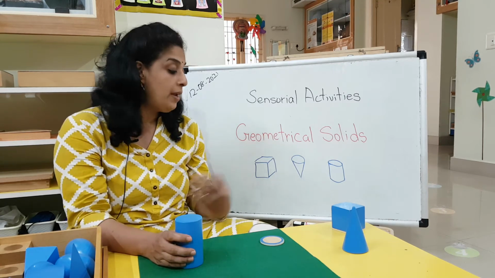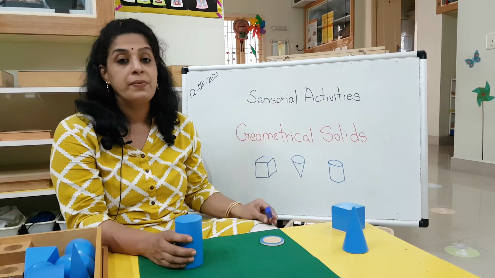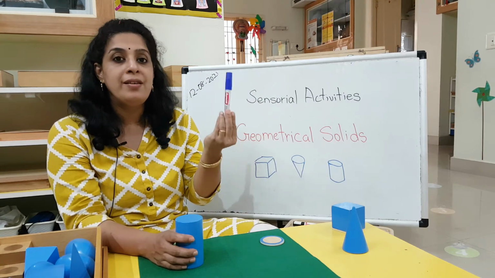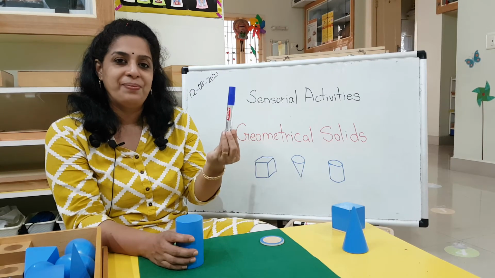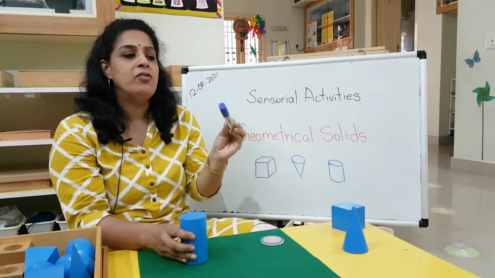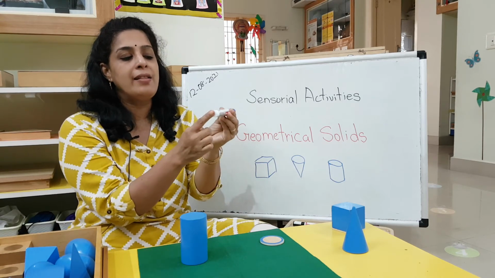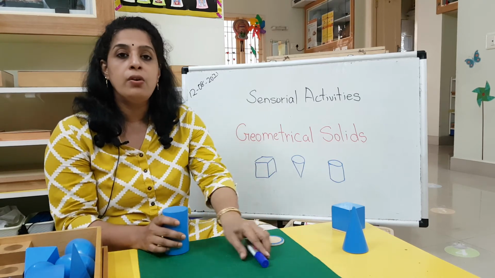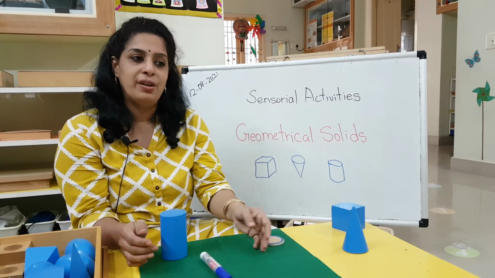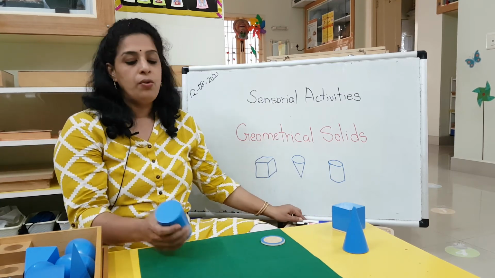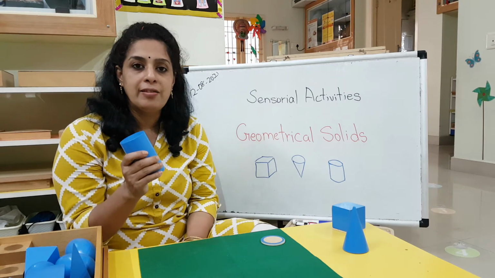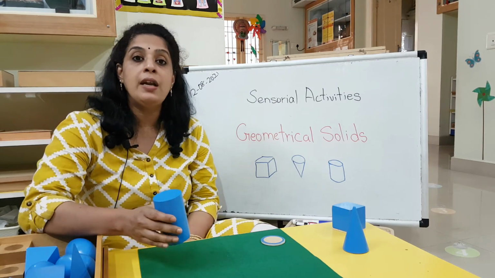For example, the pen which I am using, the marker, it is thin but it is still a cylinder, okay? Same shape, it has one circle face this side and this side also, and all it can do is just rolling back and forth, okay? So see, you have so many examples for cylinder and for cone.